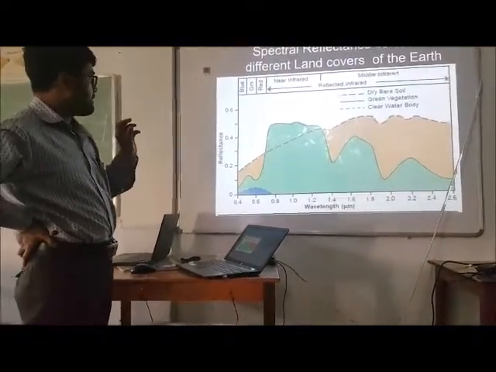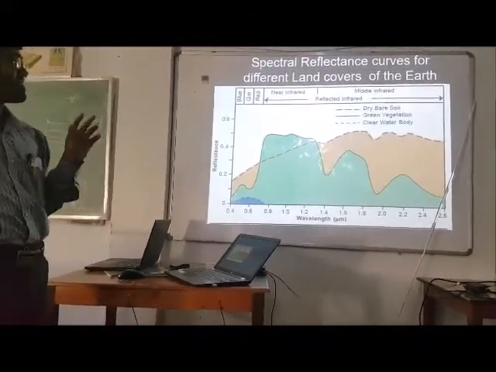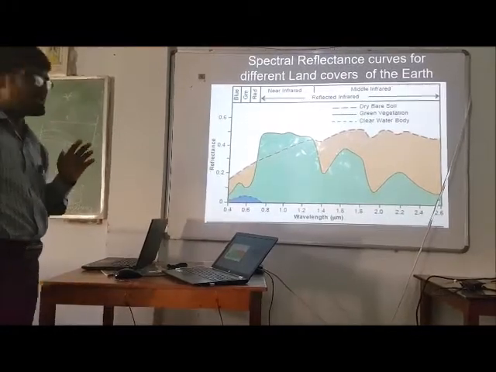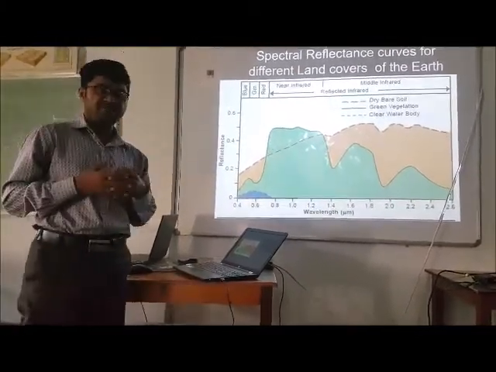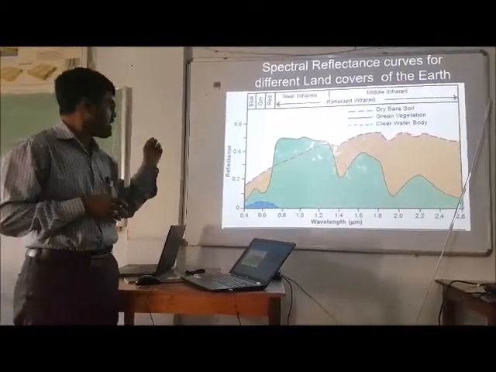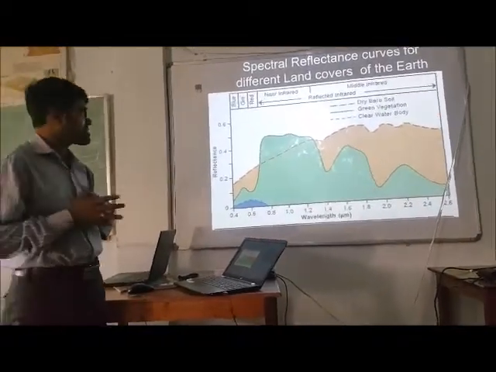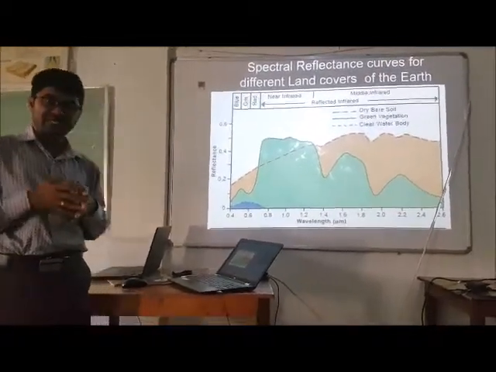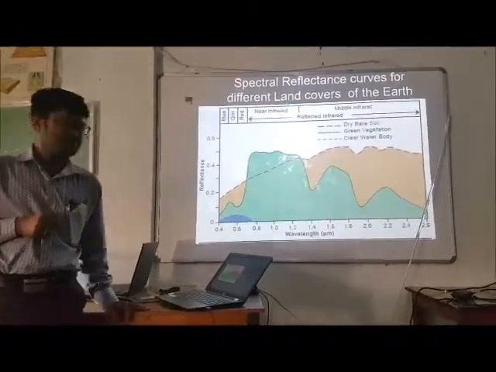Now, this is the spectral reflectance curve of different land covers of the earth. Usually, we can categorize the earth's land use into three major categories: water body, forest or vegetative area, and bare soil.